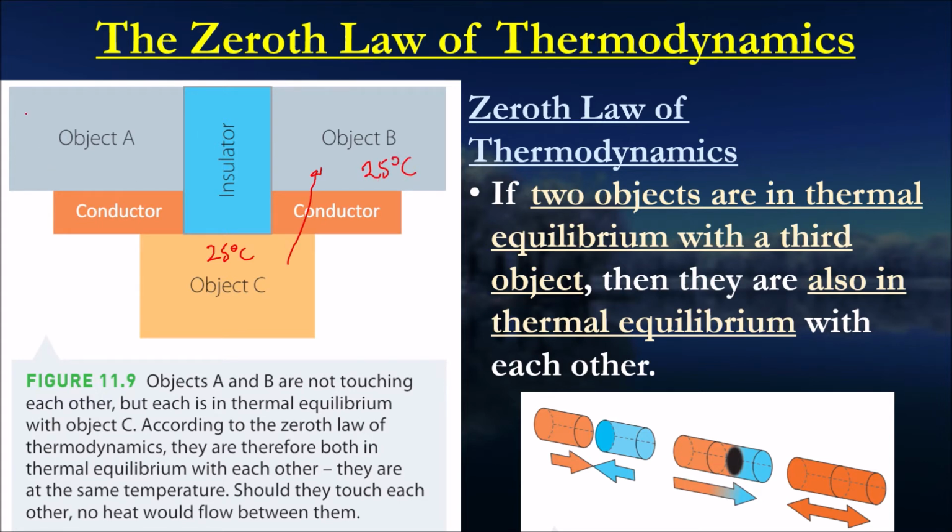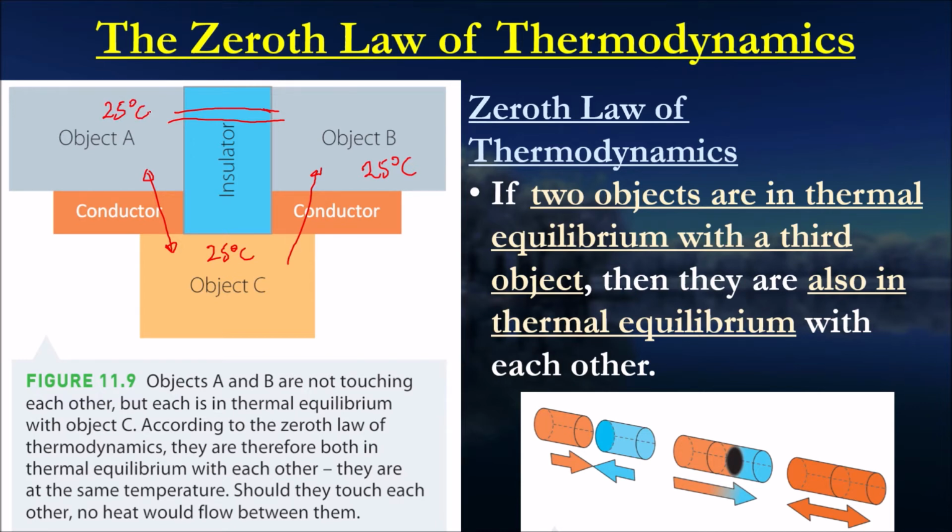So the assumption we can make is that if A is also connected to object C, it must have the same temperature as object B, which is 25 degrees Celsius.